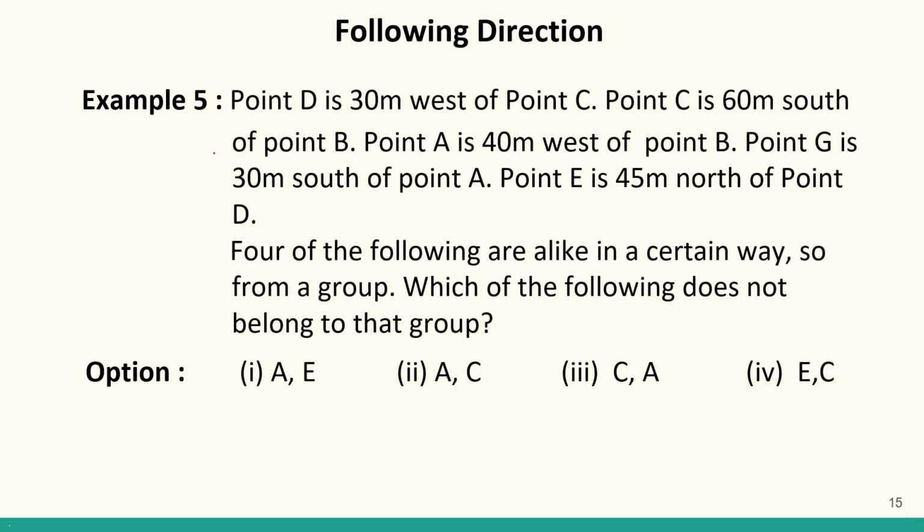Now let us look at this question. So the same information is given to us and a different question is given to us. So let us draw the diagram. For your reference, I am drawing the simple direction diagram.